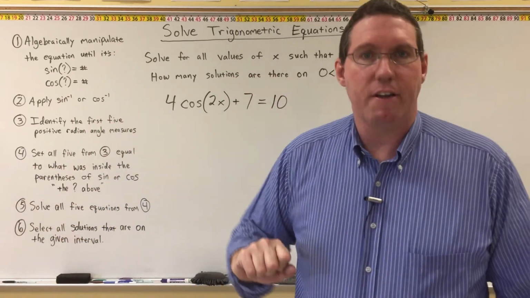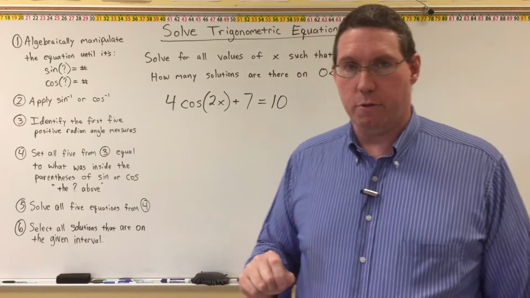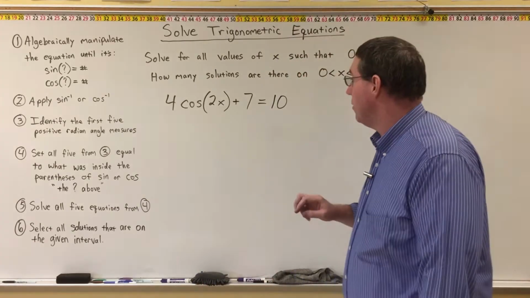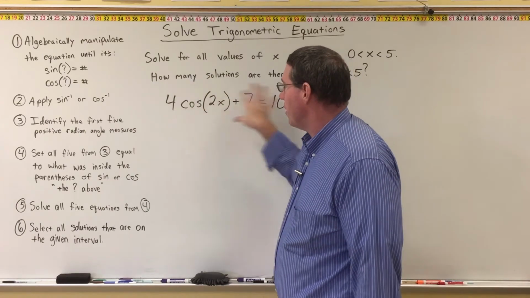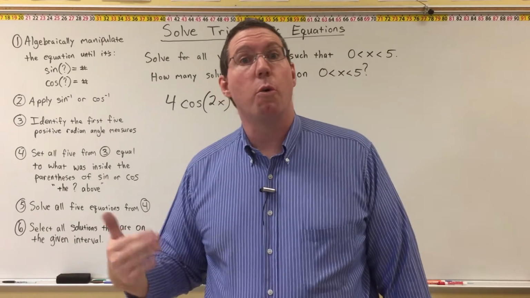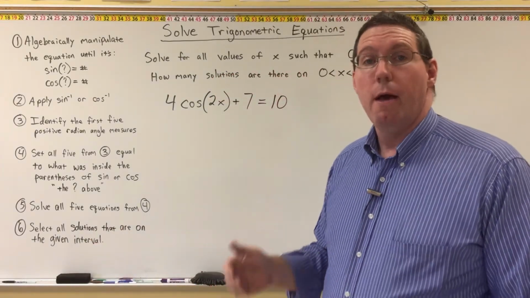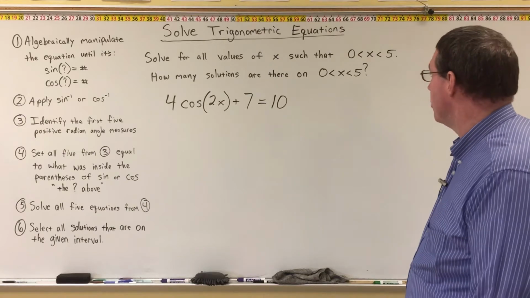The reason I say can is because once you start throwing weird extra things in with cosine and sine, you may come to a place where you only have 1 or 2 solutions.